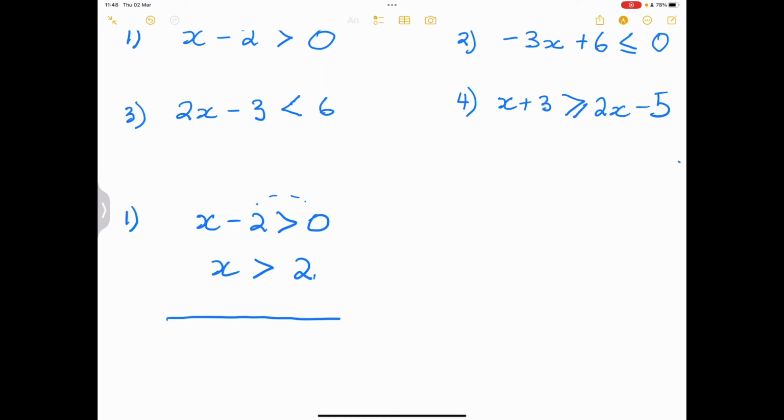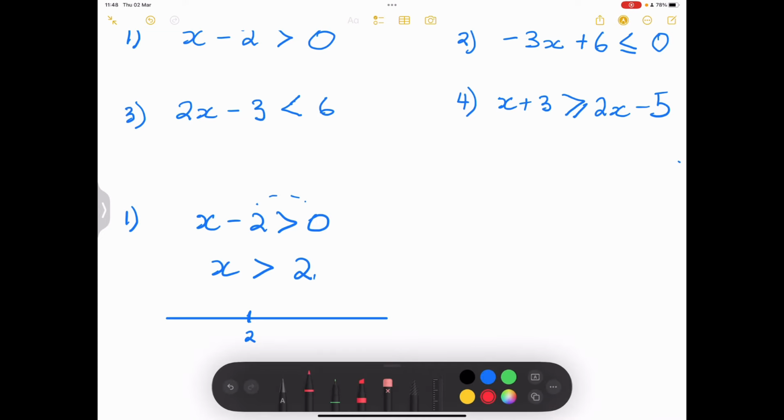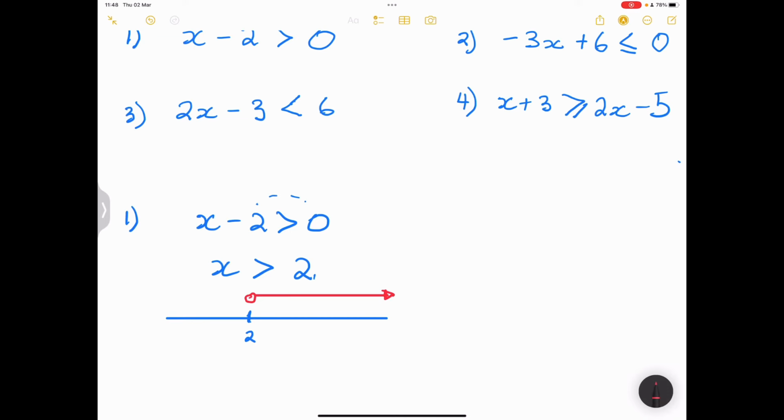We're saying for all values from 2 all the way up until infinity, but remember we are not including 2. Those values are acceptable.